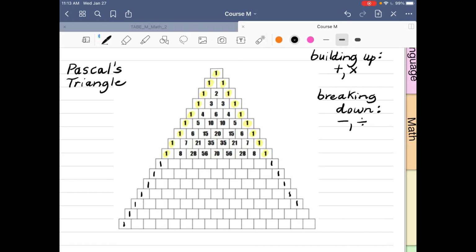And that will always be true with Pascal's triangle. You'll have ones down the sides. And then let's find the number 2, and let's start down from there. 2, 3, 4, 5. These are consecutive numbers, and that's happening on both sides of the triangle.